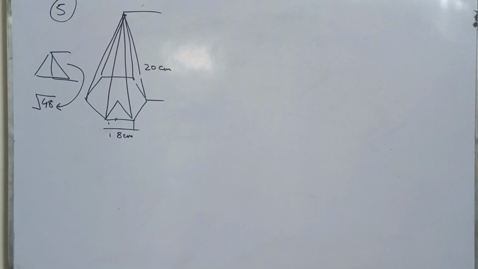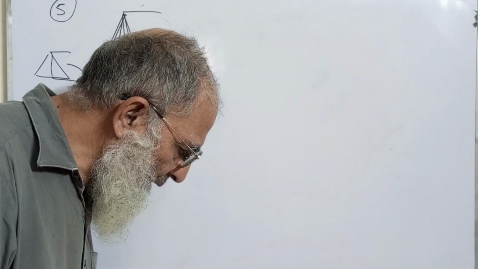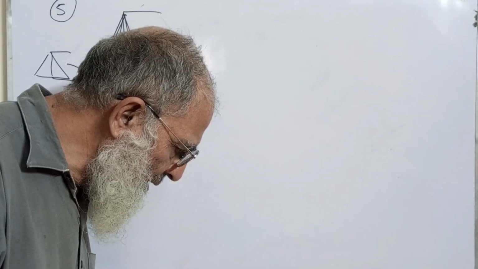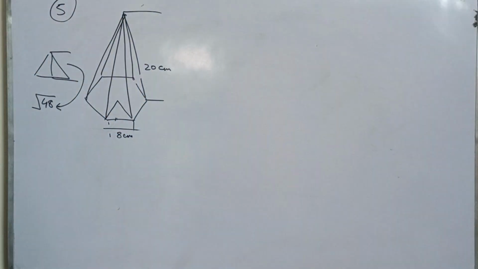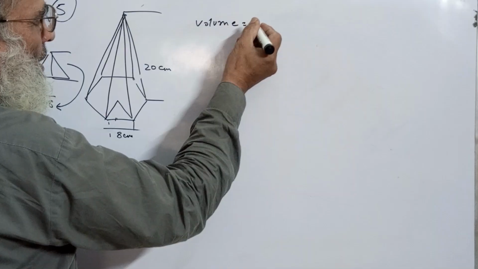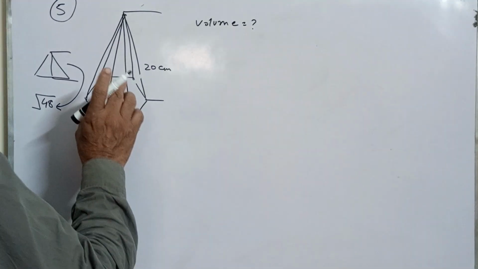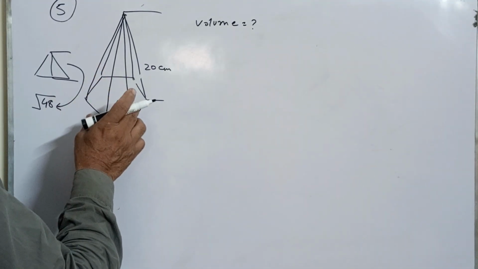Now, what is the philosophy of giving this triangle over here? What we have to find is the volume of the ornament. We have to find the volume only. So you see, there are how many triangles?